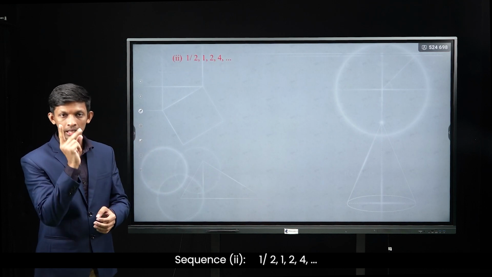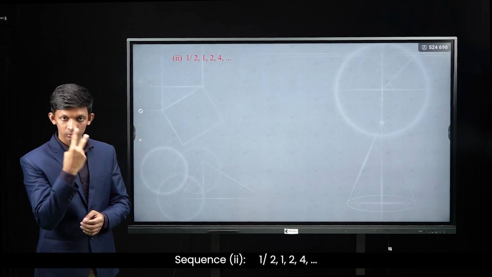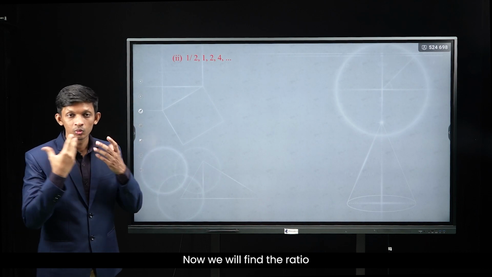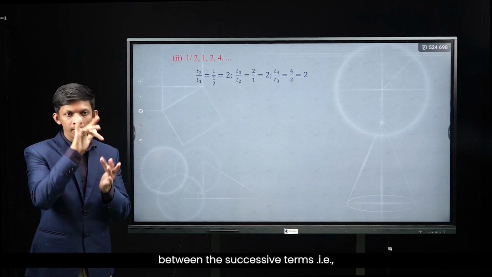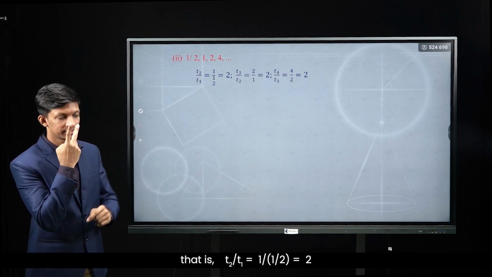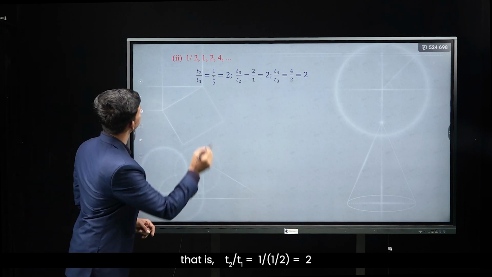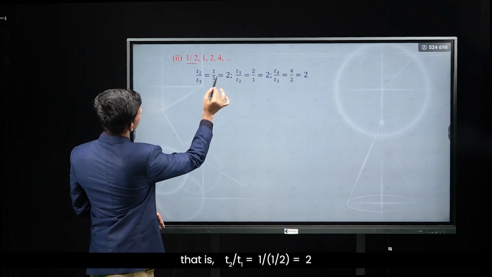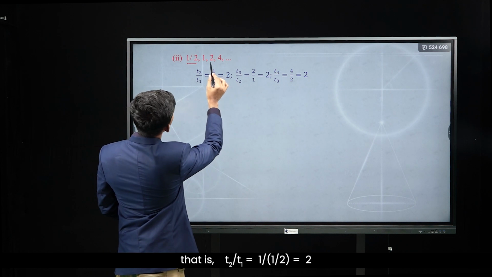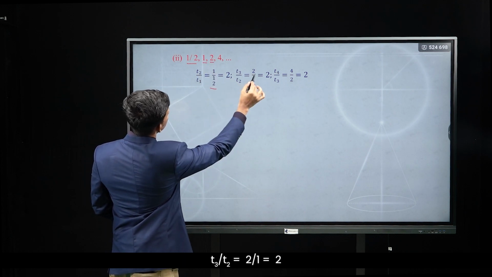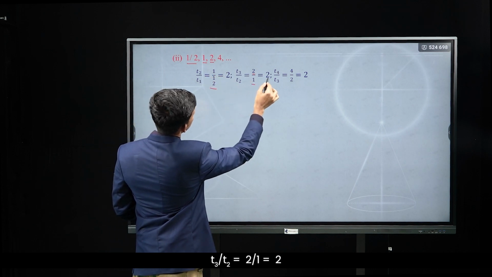Sequence 1 by 2, 1, 2, 4, and so on. Now we will find the ratio between the successive terms, that is T2 by T1 is equal to 1 by 1 by 2, which is equal to 2. T3 by T2 is equal to 2 by 1, which is equal to 2.